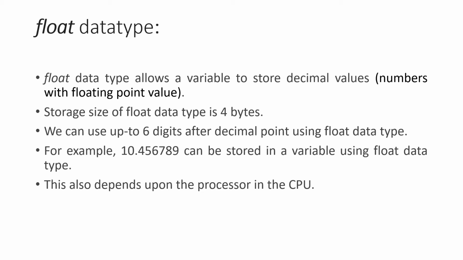Float is the keyword to represent a float data type. We can use up to 6 digits after the decimal point using float data type. For example, 10.456789 can be stored in a variable using float data type. This also depends upon the processor in the CPU.